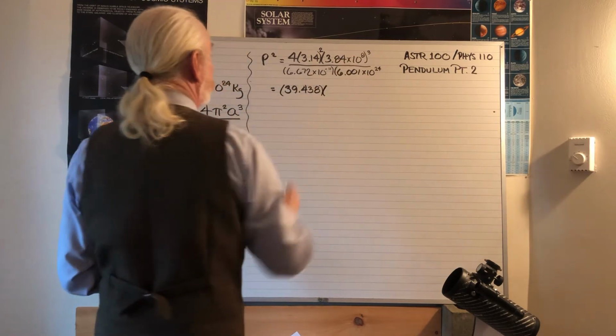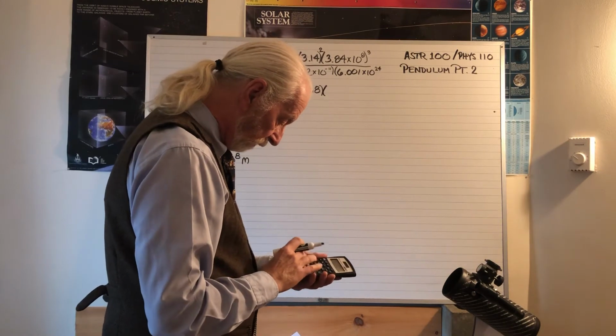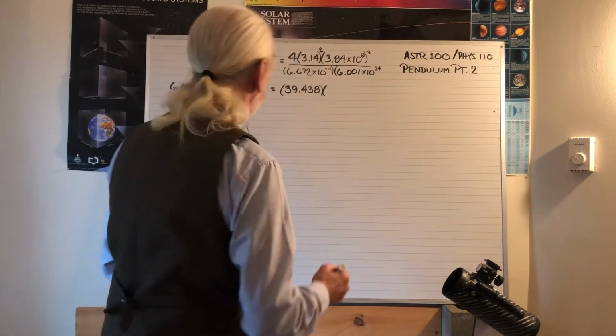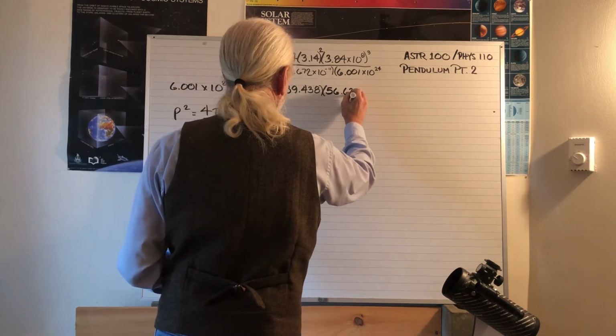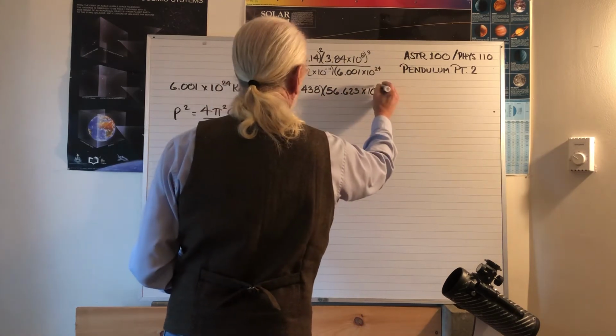And now I'll cube this number, 3.84 cubed. 56.623 times 10 to the 24th.